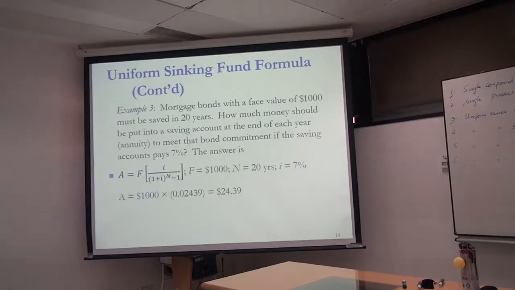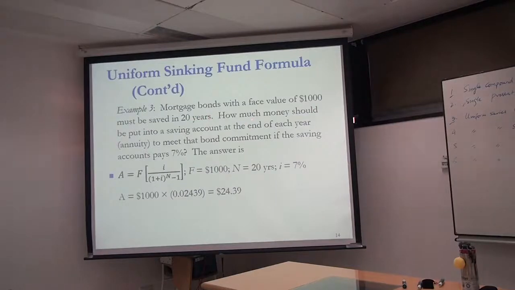Then we have example 3, about the uniform sinking fund formula. Mortgage bonds with a face value of $1,000 must be saved in 20 years. So the future value is given and n is given also, 20 years.